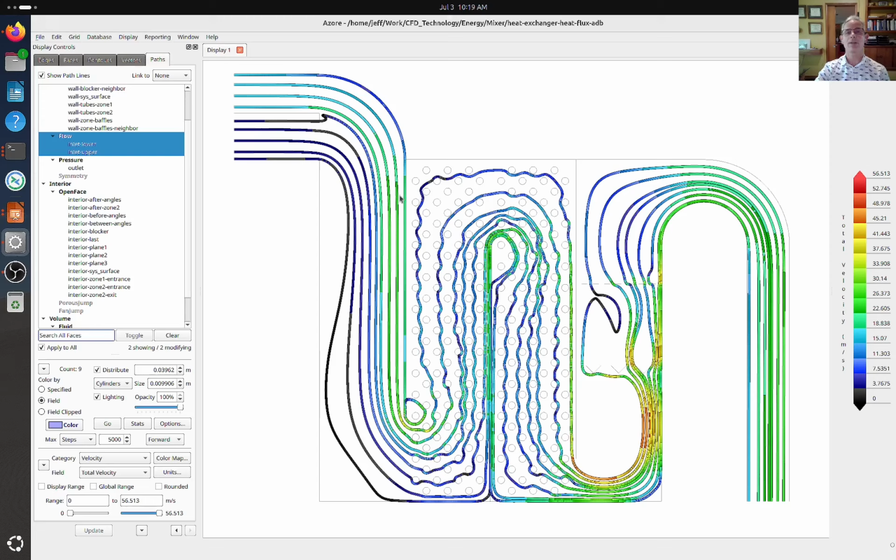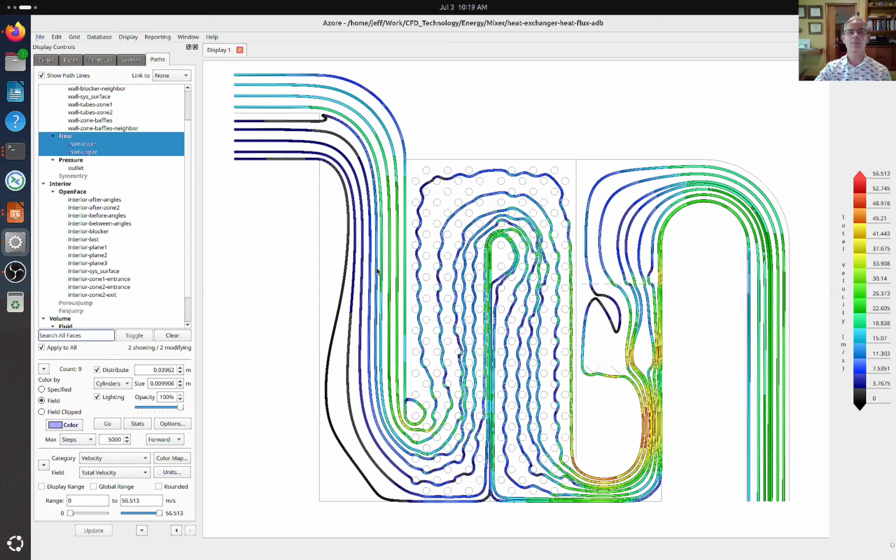The colors of these streamlines are colored by total velocity. You can see by the color bars here that the higher velocities are from the steam and the lower velocities are of the air. So that's one way of looking at the flow structures.